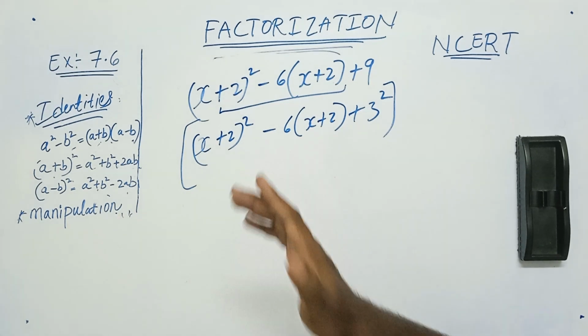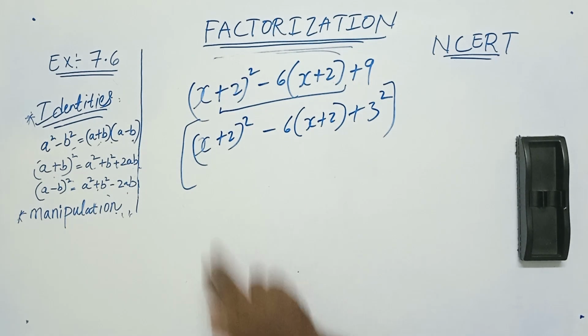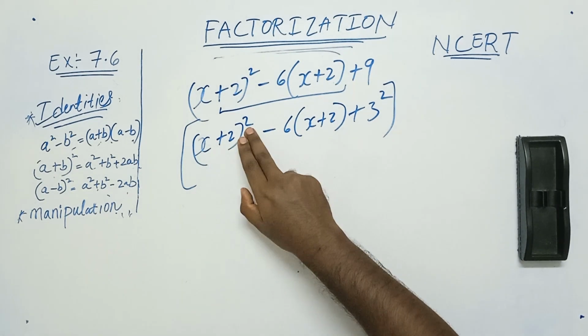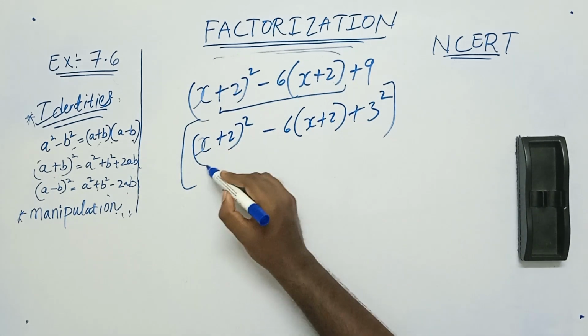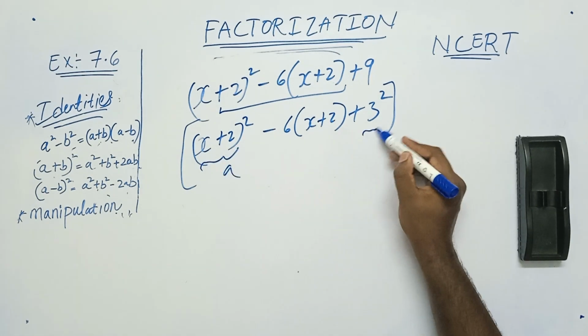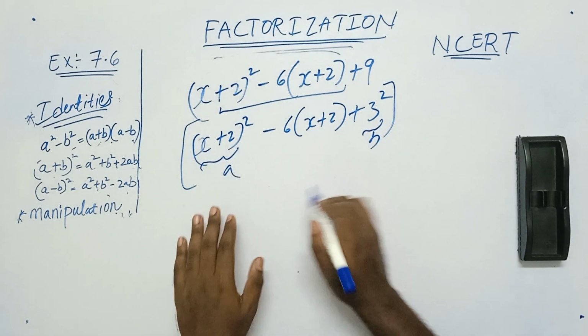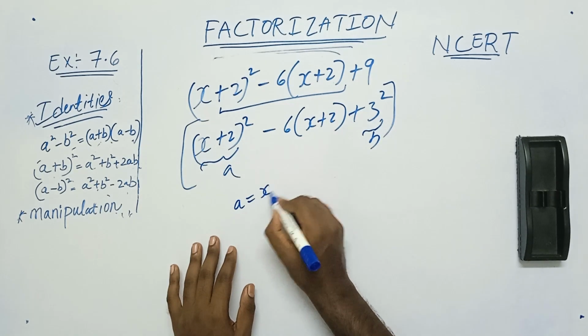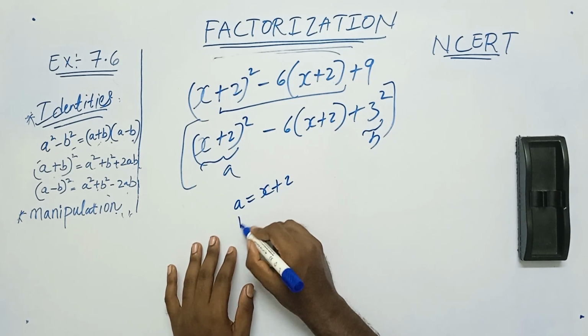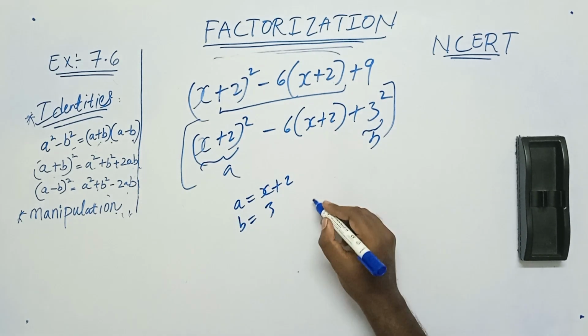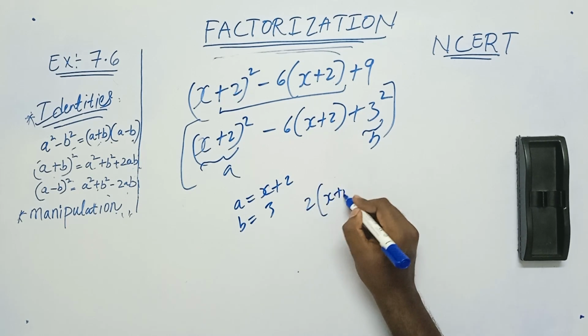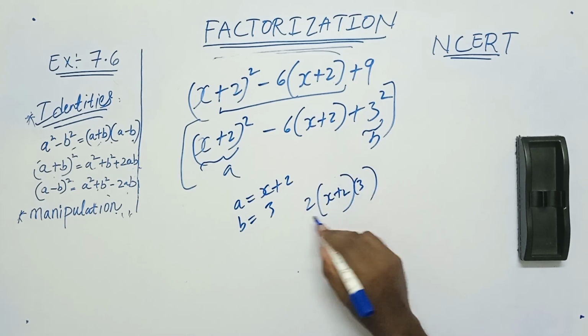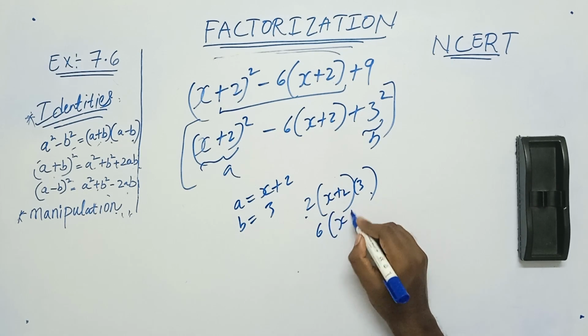That means it looks like a square plus b square minus 2ab. So what is a square? (x plus 2) whole square is the a square value, and 3 square is the b square value. If a is x plus 2 and b is 3, then 2 times (x plus 2) times 3 is how much? 3 twos are 6, so 6(x plus 2).